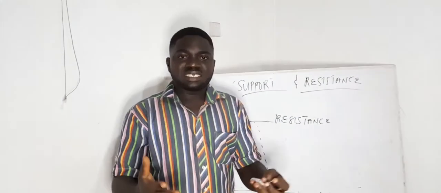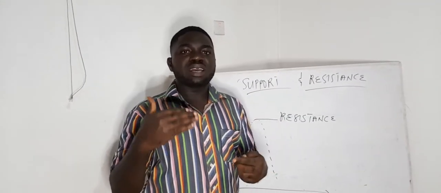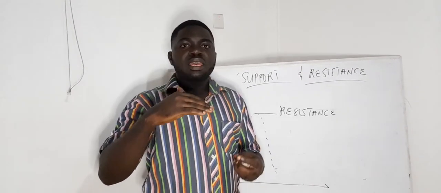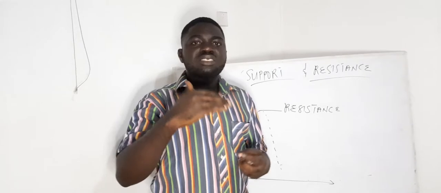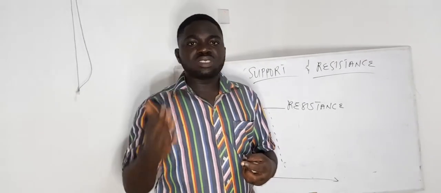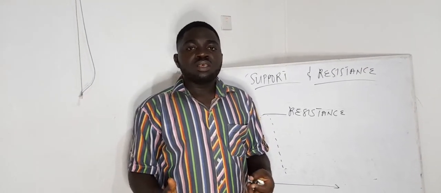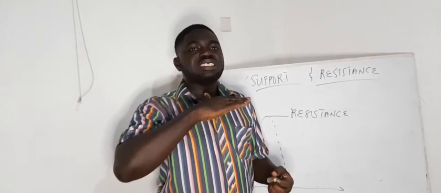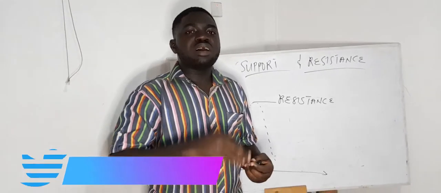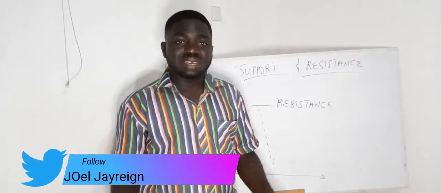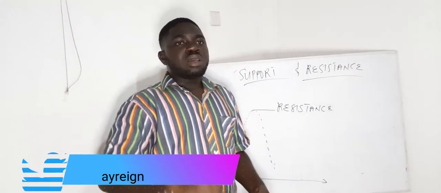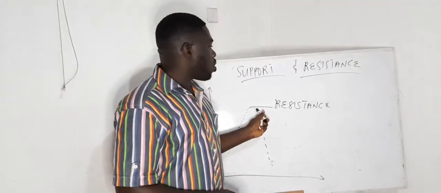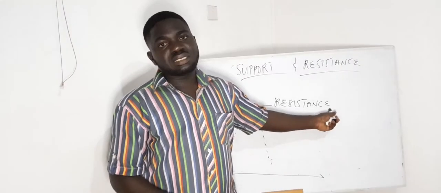Resistance is a price level in the market that stops. Okay? It is a price level in the market that stops to make a turnaround to the downside. So basically when we say resistance, we are saying that it's a price level in the market. When the market is trading, it stops and makes a turnaround to the downside. The moment it makes a turnaround to the downside, we establish what we call resistance.